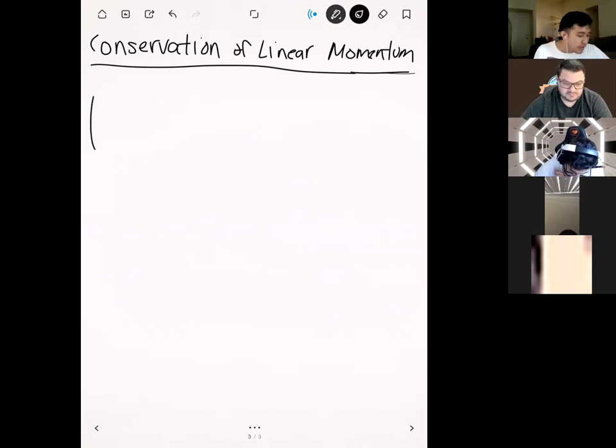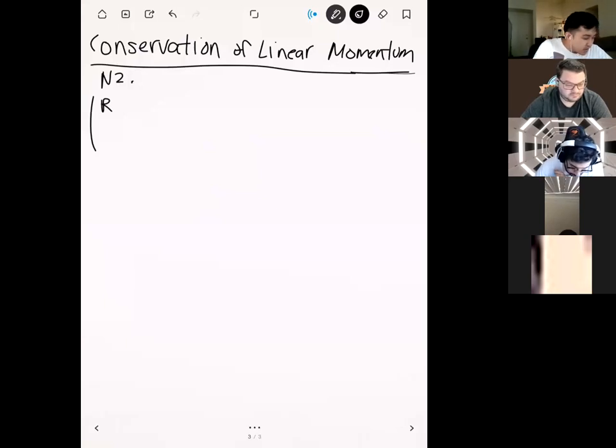The way I want to summarize it is to think about how we can change the momentum of an object. I want to express the conservation of momentum like this, and this is basically Newton's second law. I'll call that M2.